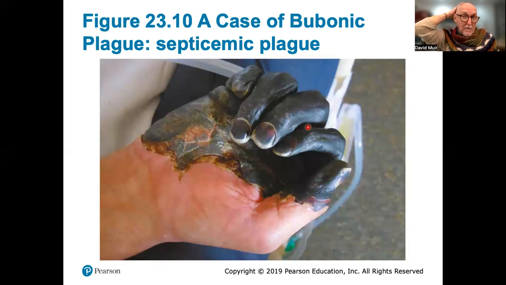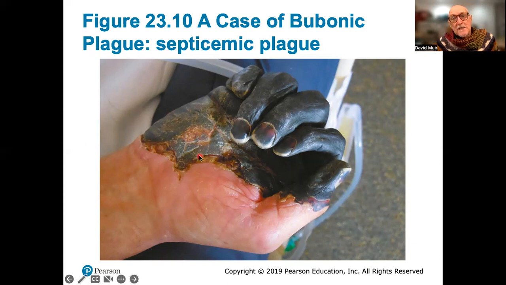One of the things about the bubonic plague was that this is a typical result of endotoxic shock. And remember, I told you that one of the things that happens in endotoxic shock is the fine blood vessels in the periphery begin to clot and to shut down. And it produces this blackening of the extremities.